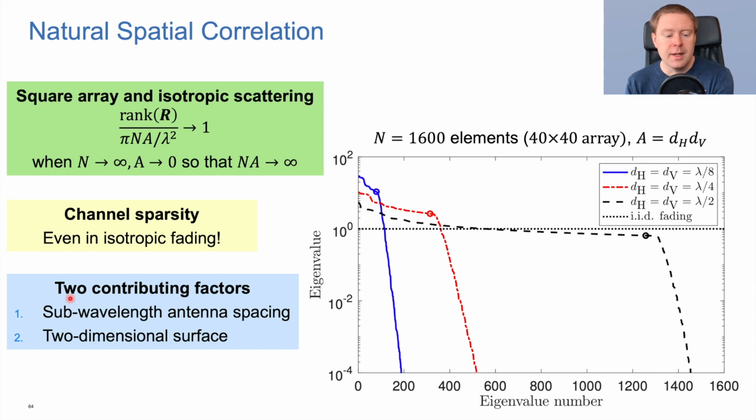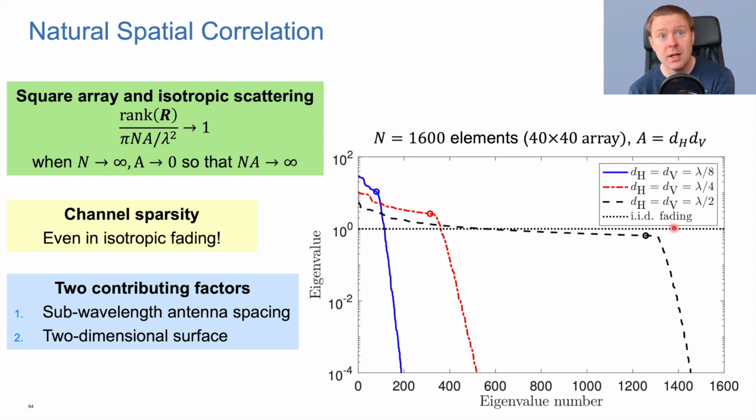And even if we have half wavelength spaced arrays, we will still have a two-dimensional surface, which is removing some of our degrees of freedom because of the spatial correlation that is inherent in that. So ideally fading will, even in that case, be a bad model. You should never ever use it for these kind of systems. One could motivate them for one-dimensional arrays, but we are not using that reality, so ideally fading is not the go-to method.